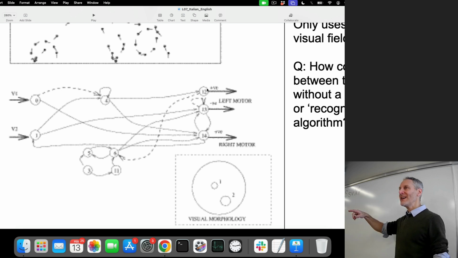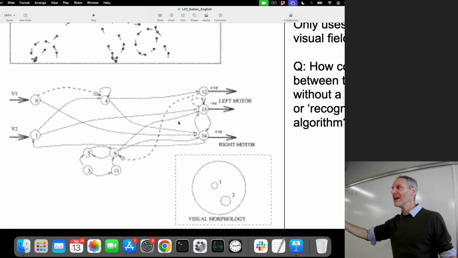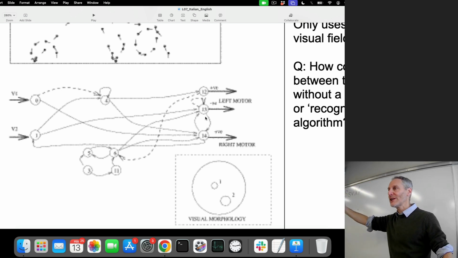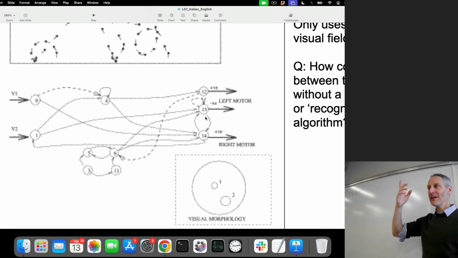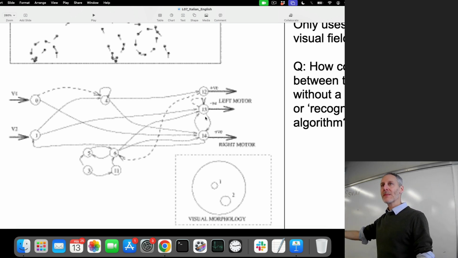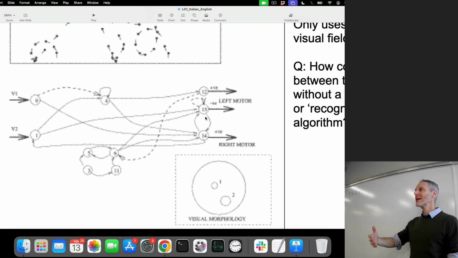And recurrent connections, the way that they operate during forward propagation, as sensor values flow, in this case, from the left to the right, to the motor neurons, the recurrent connections are bringing information from the motor layer back in and then back out again. What do recurrent connections confer on the neural network? What do they allow the neural network to do? Memory. They allow the neural network to remember.